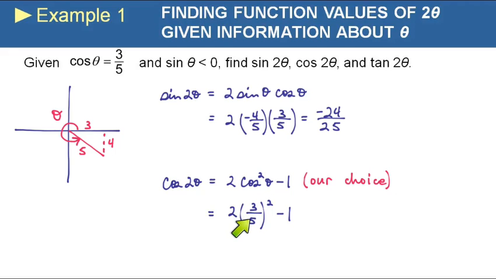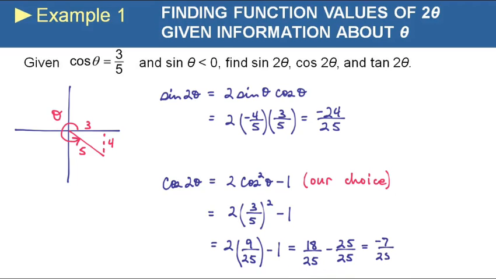Now 3 times 3 is 9, and 5 times 5 is 25, so that's the square of 3/5. Now 2 times 9 is 18, and 1 is equivalent to 25/25, so that's just common denominators. 18 minus 25 is negative 7, and the denominator stays the same, so that's cosine.